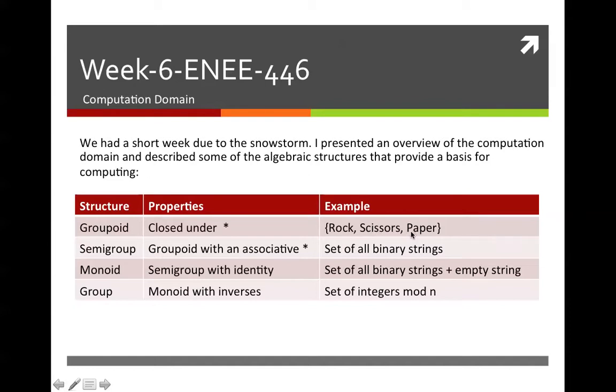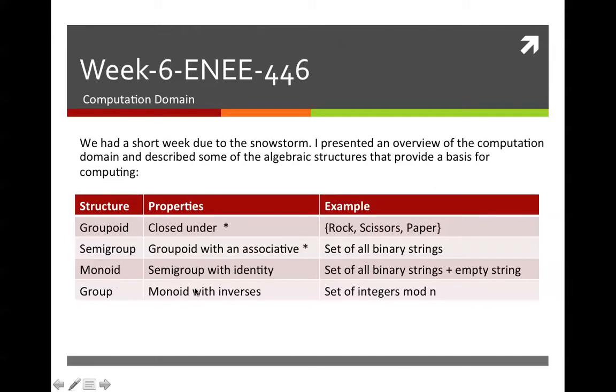And I'll illustrate this on the next slide. And then the semigroup is a groupoid with an associative operation, again, which we denote by an asterisk. An example of that would be a set of all binary strings.